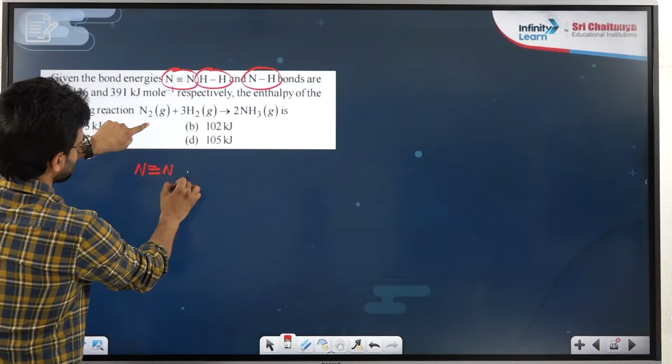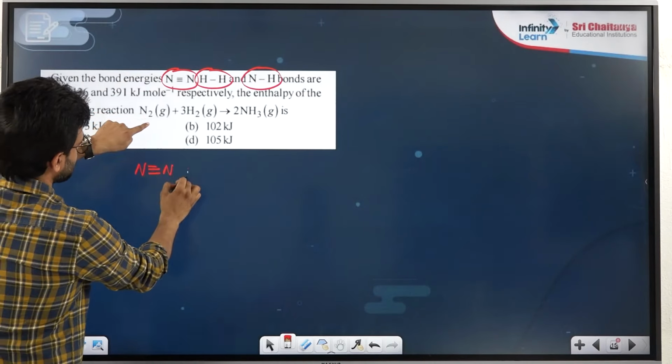Because 3H2 is there, na? And here 1 mole of ammonia has 3 moles of NH bond. So 2 moles of ammonia will have 6 moles of what? NH bonds, okay? Reactant side includes 1 mole of N triple bond N, 3 moles of HH bond, and here product side has 6 moles of NH bonds, right?